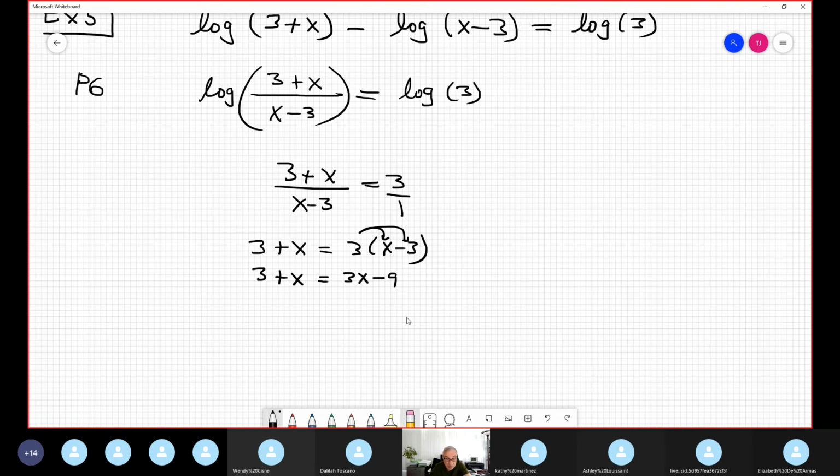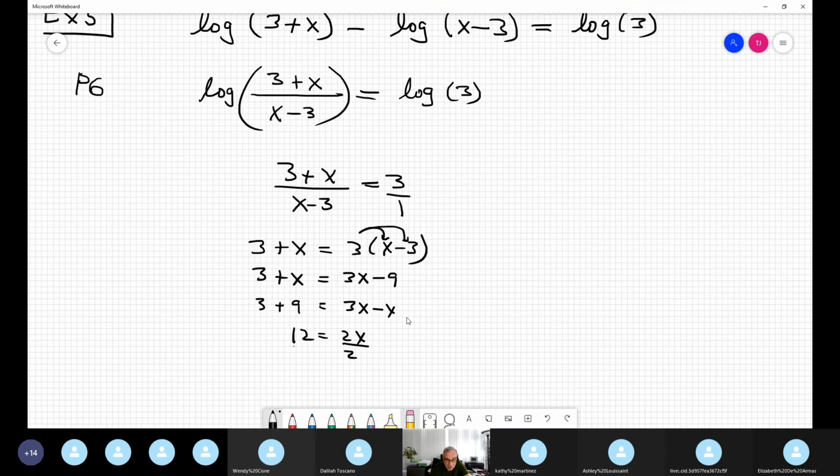Okay, I try to do my best in order to solve for x. For example, this 3 stays here, plus 9, move 9 to the left, 3x stays, minus x, I move this x to the right. It's a 12, and it's a 2, divided by 2. It's 6, x is equal to 6.